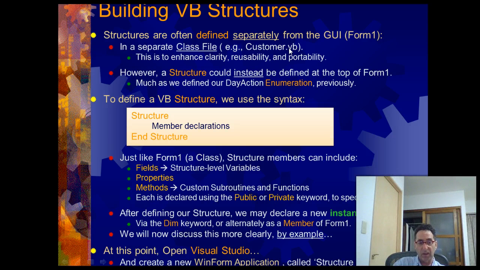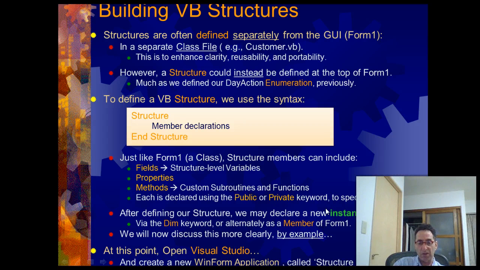To define a VB structure, we use this syntax, and just like Form 1, it's a class. Structure members can include fields, which are structure level variables, properties, and methods, custom subroutines and functions. Each is declared using the public or private keyword to specify the visibility.